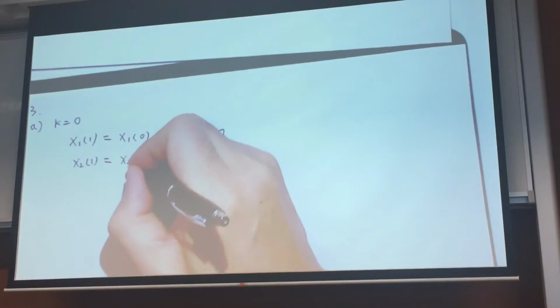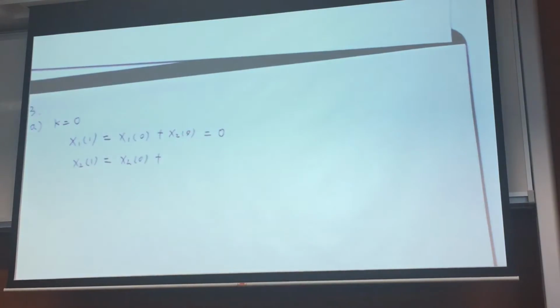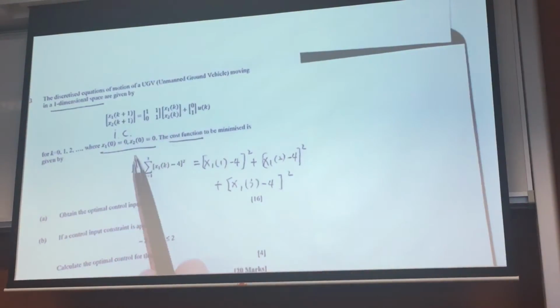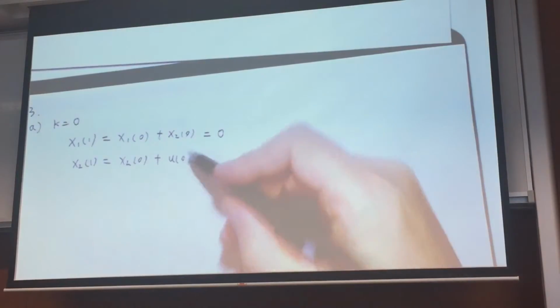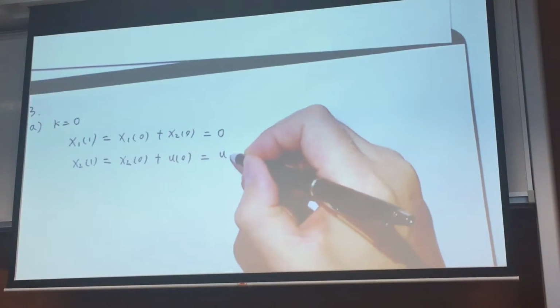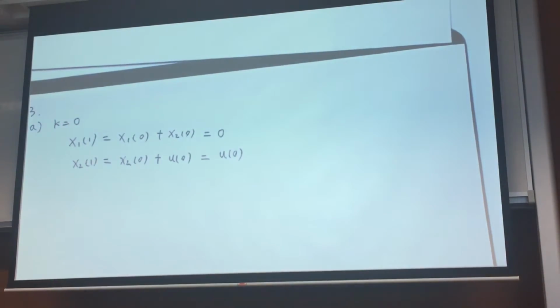So this is x2,0 plus u0. Since x2,0 is just 0, this becomes u0.